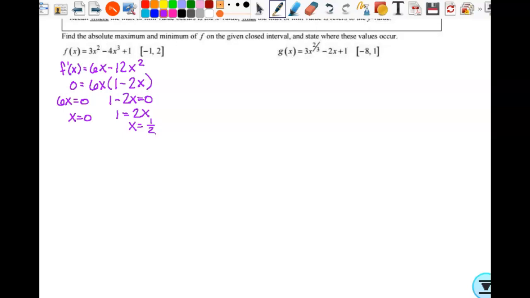All right, so I need to find on this interval the absolute maximum, absolute minimum. So how do you think I could find the maximum? Because can I test every single point from -1 to 2? I can use -1 and 2, and then these two, right? How many points exist between -1 and 2?